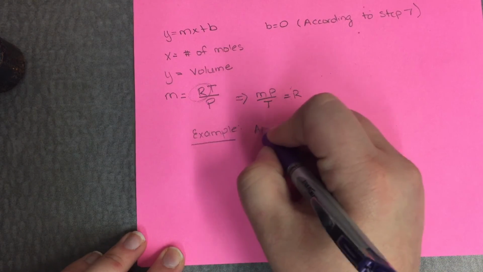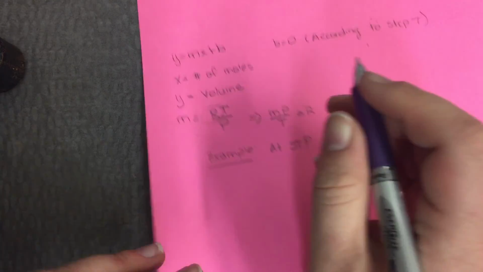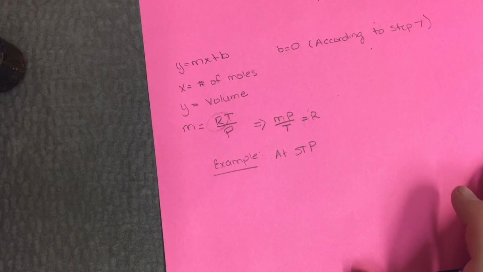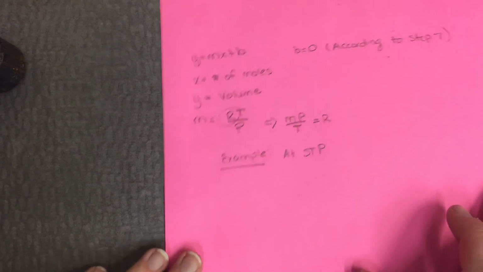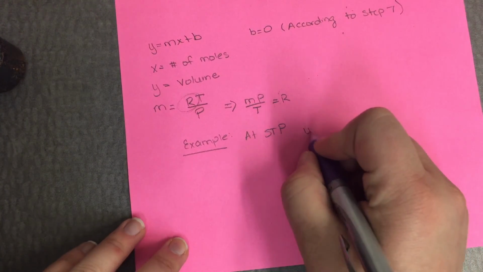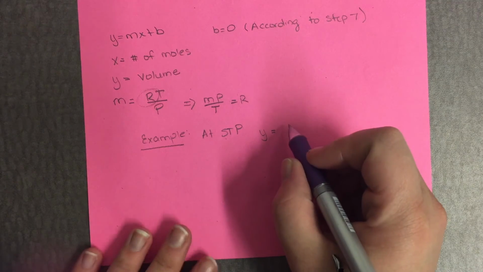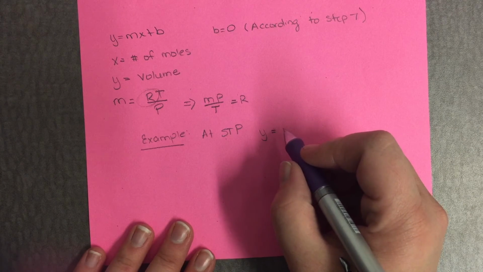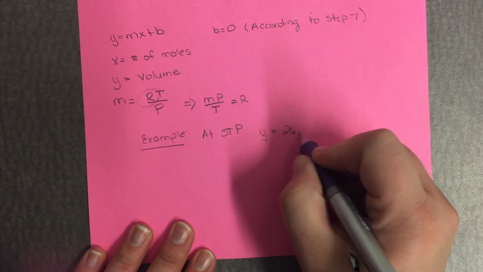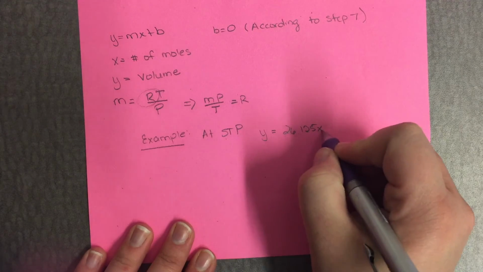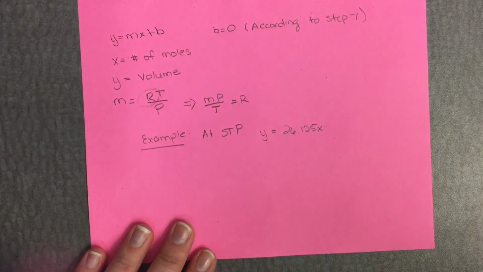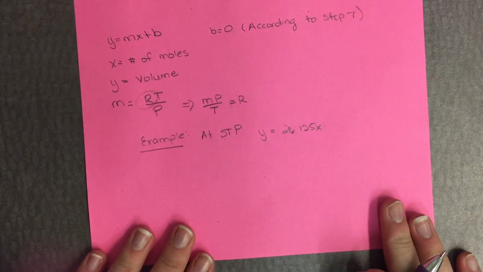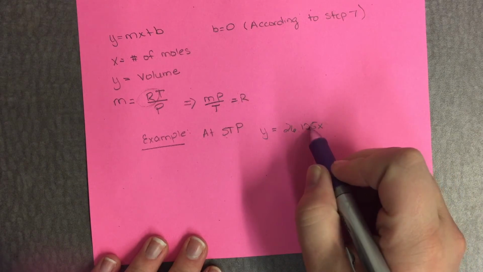At standard temperature and pressure, my equation is y equals 26.125x. So we're going to use this slope to figure out what R is.